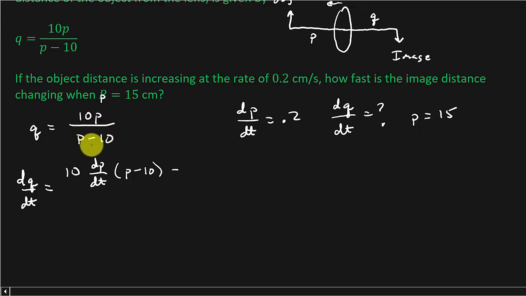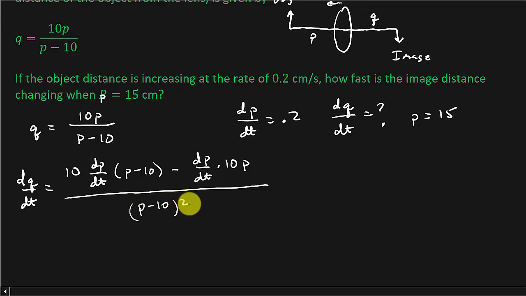minus the derivative of the denominator. So what's the derivative of p minus 10? That's just going to be dp/dt, times the numerator, 10p. And this is all over the denominator squared.